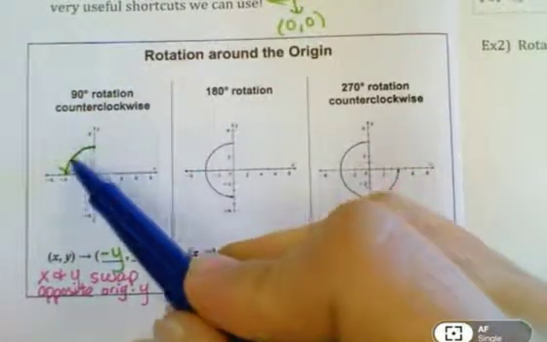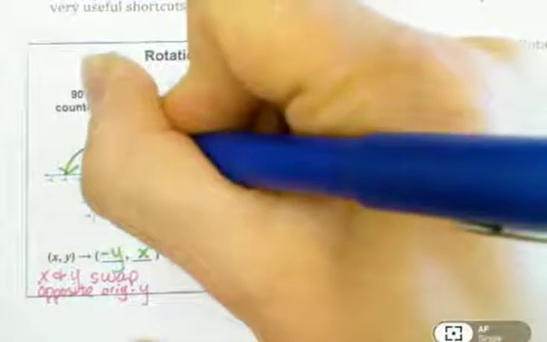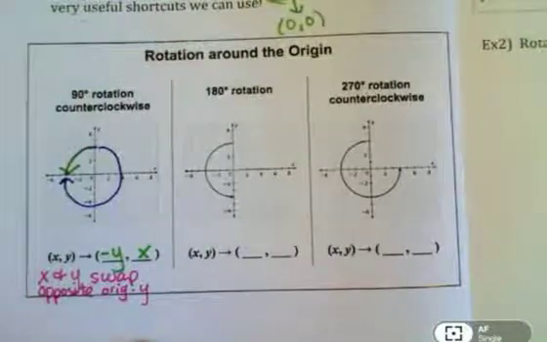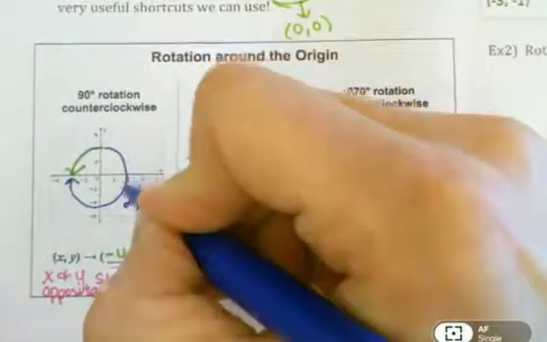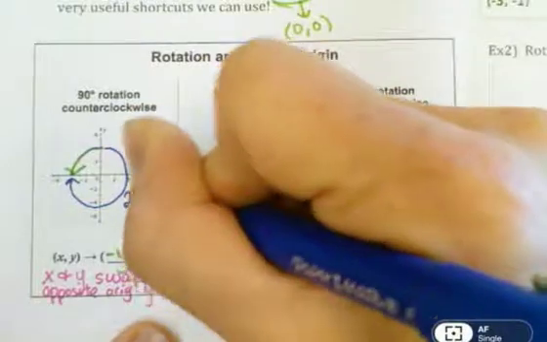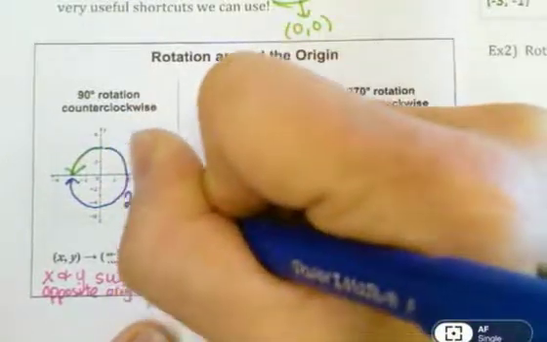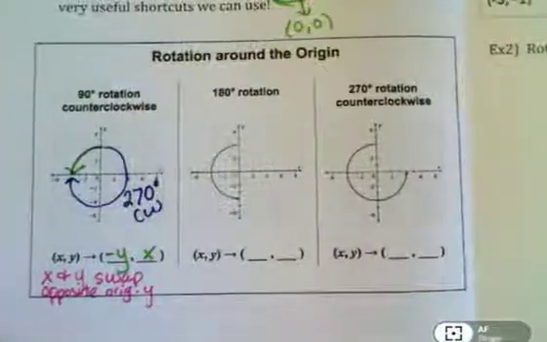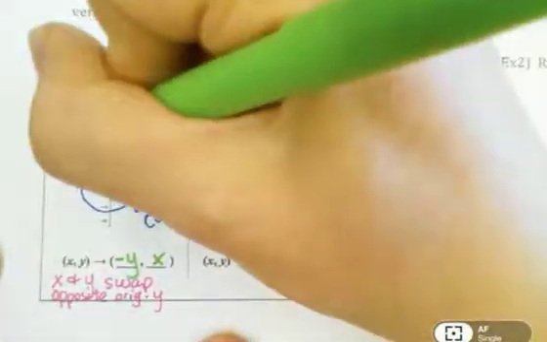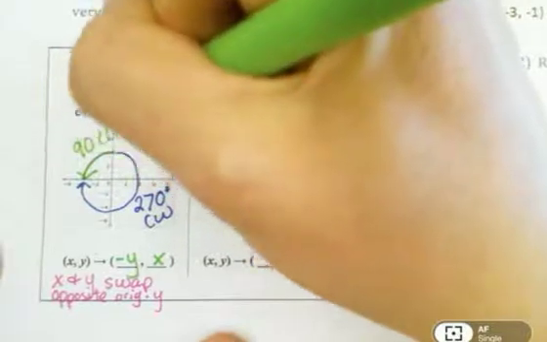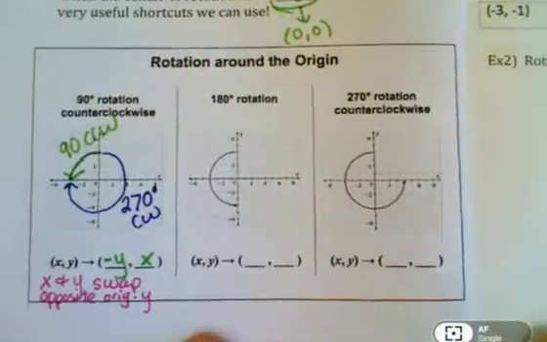So rotating 90 degrees counterclockwise is the same thing as rotating clockwise a certain number of degrees. And I'm hoping you can figure out that it would be 90 times 3. 90, 90 more, 90 more. So that's 270 degrees clockwise. So this same rule will work for a 270-degree clockwise rotation because that's the same thing as 90 degrees counterclockwise.